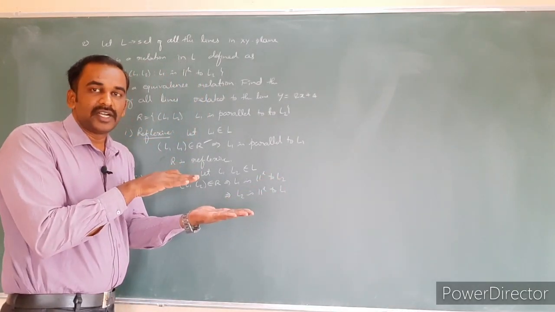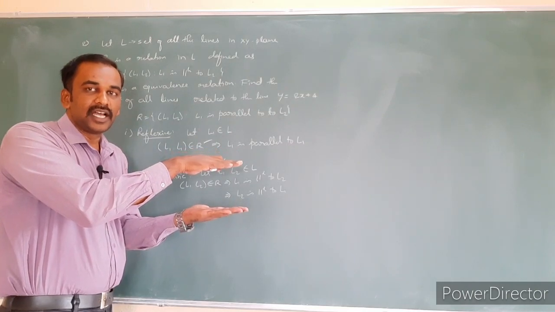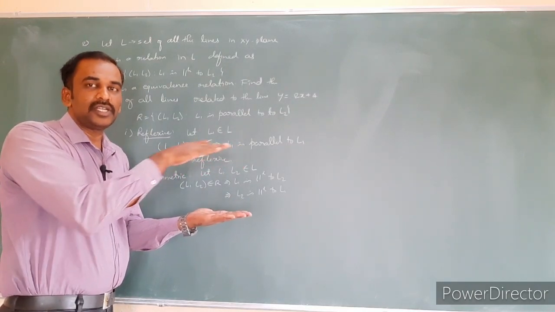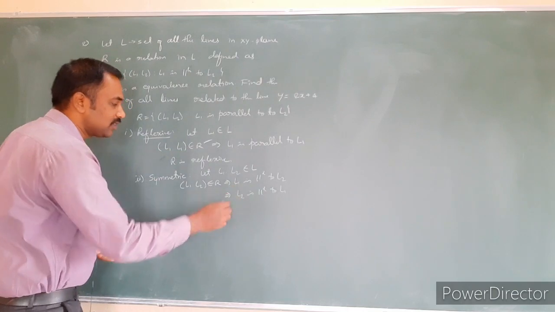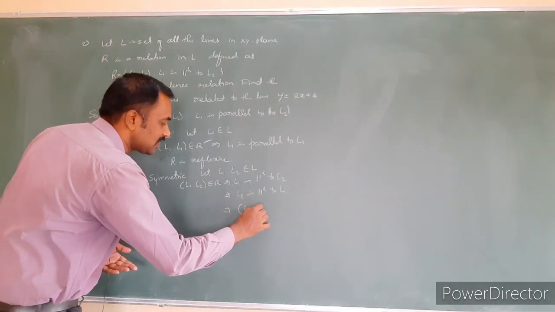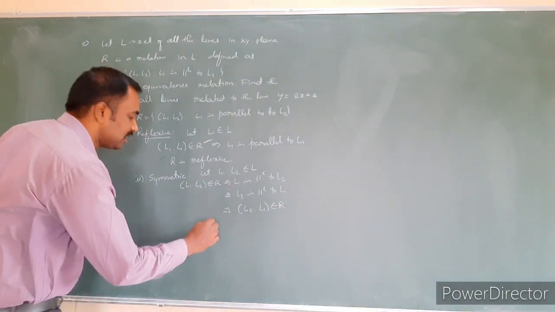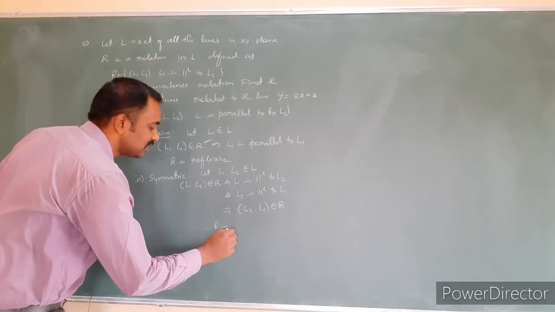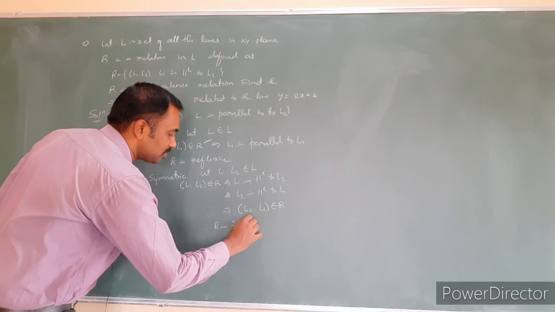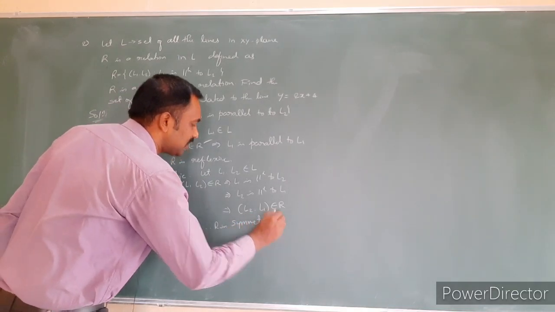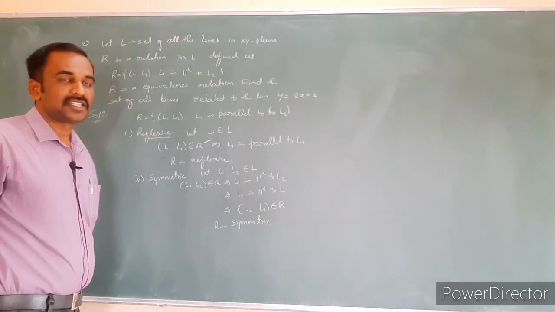Line L1 is parallel to line L2, similarly line L2 is parallel to L1. Obviously, from this we can say that (L2, L1) is present in the relation R. Therefore R is a symmetric relation.